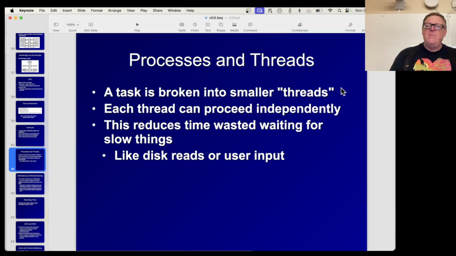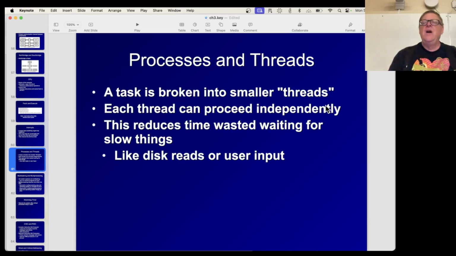A task is broken up into threads, and each thread can proceed independently. This deals with the fundamental problem of all computing, that you have very fast components like the CPU and very slow components like the keyboard and the hard drive. And so in a normal computer, you spend a lot of time with the fast component waiting for the slow component to give it the data to work on.